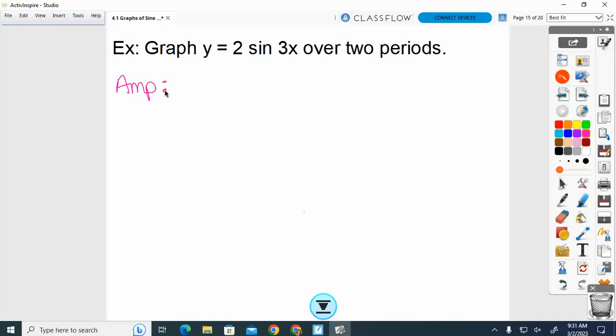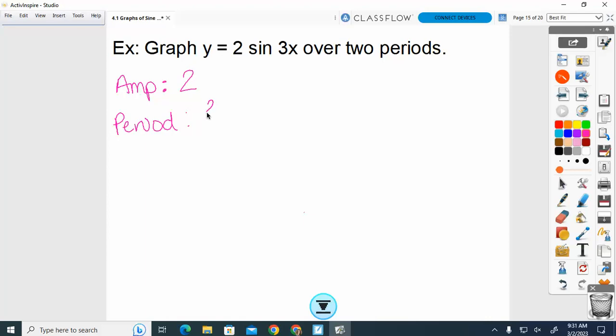Where do you find your amplitude? Number in front, so that's just 2. Step 2 is period.